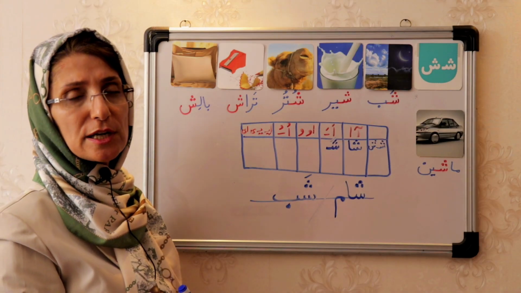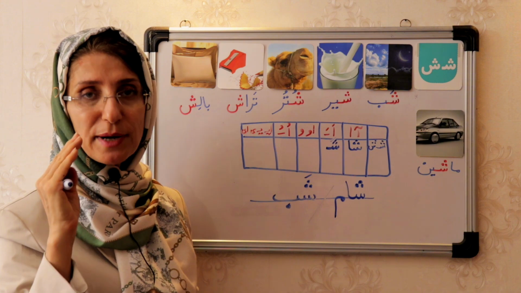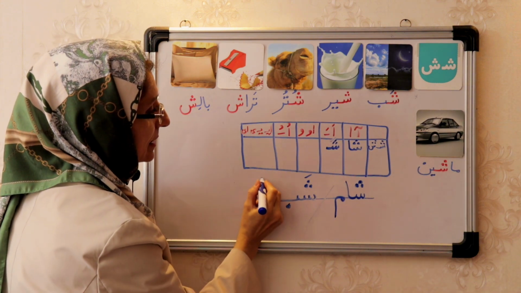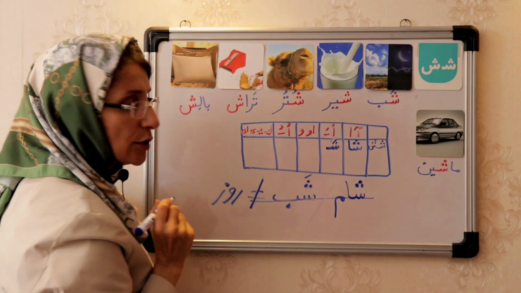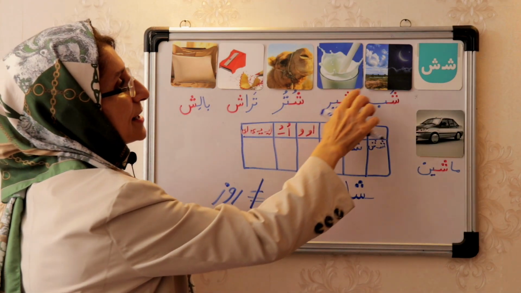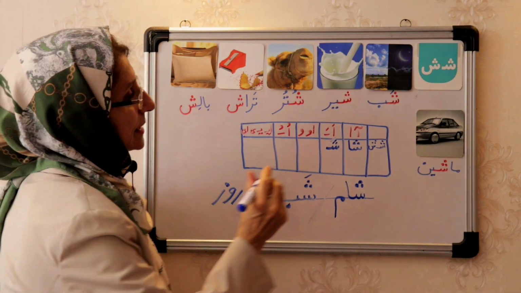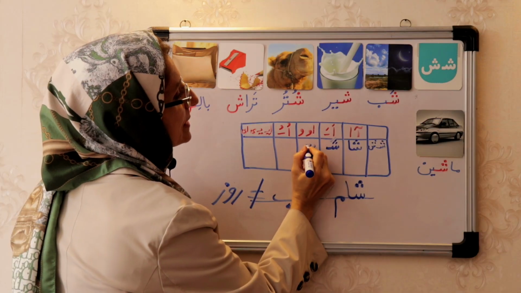Shab is night. What is its opposite? I taught you in re video. Return back and watch re. Shab. And its opposite is روز.